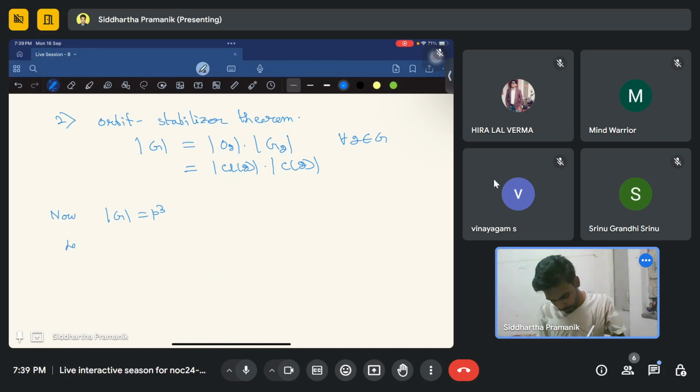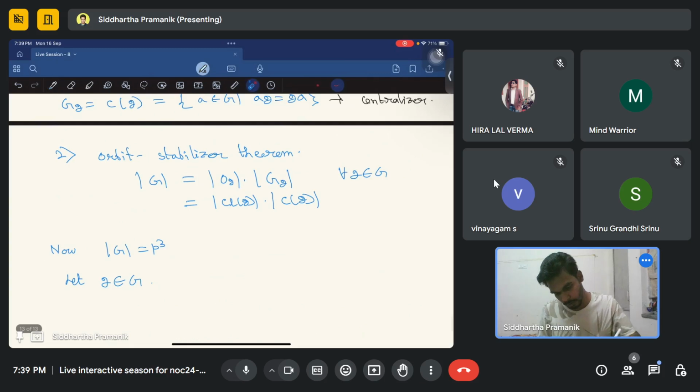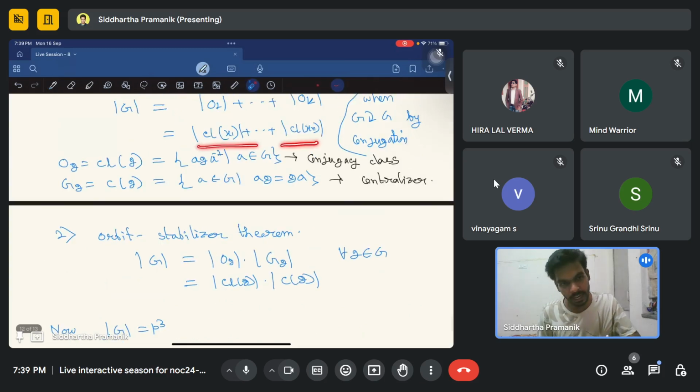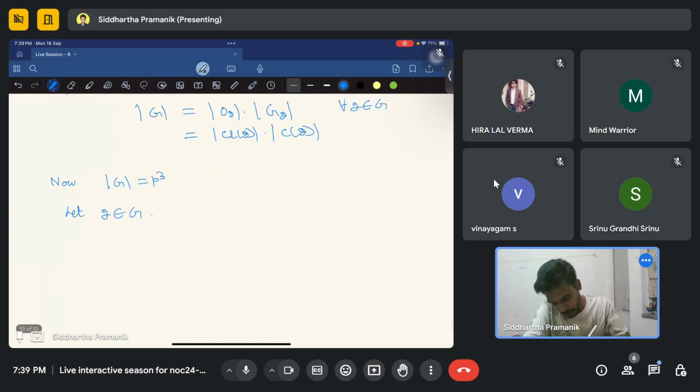So let g belong to G. We need to find the order of the conjugacy classes of elements of G. Then two possibilities are there: either g belongs to the center or it does not.